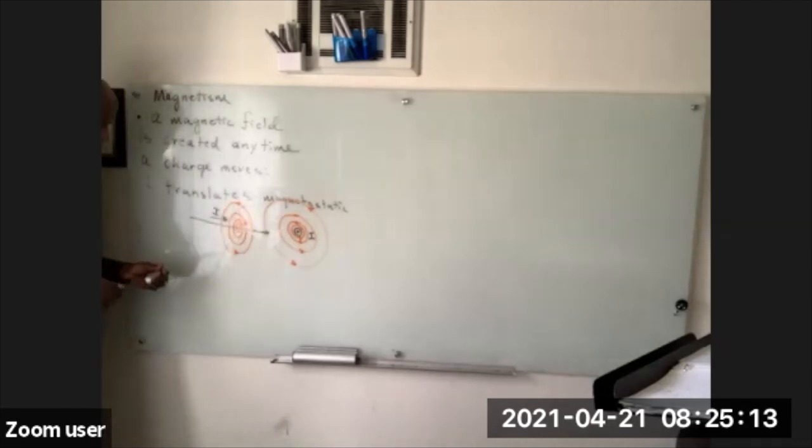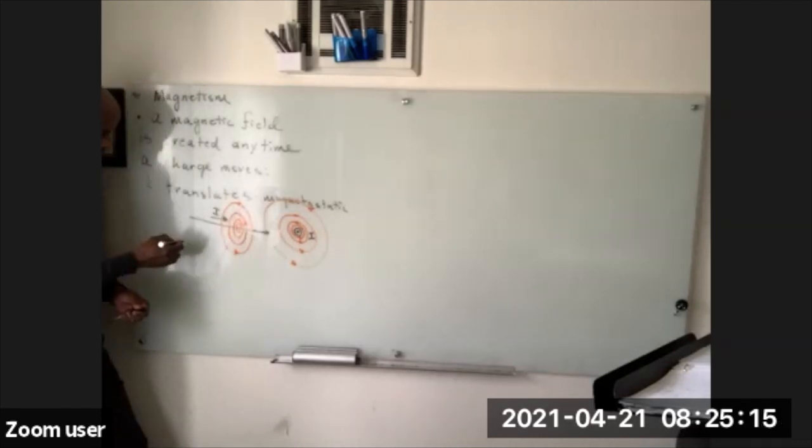For a current going into the board, the orientation would just simply be the opposite direction. So into the board, still have the concentric circles, but the orientation is the opposite direction.